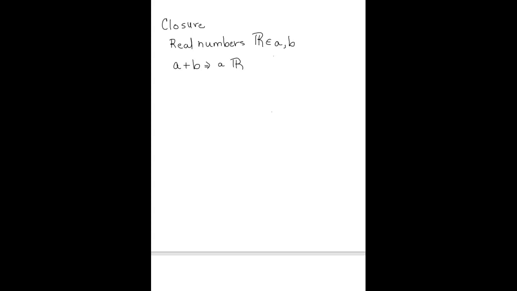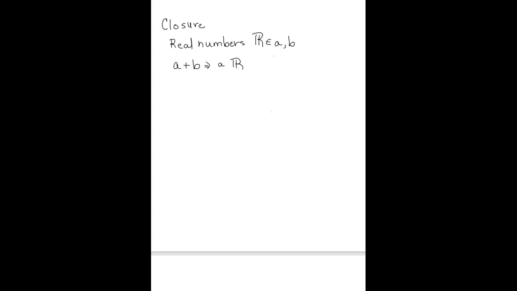So if you have two real numbers and you add them together, you're still going to have a real number. When you are thinking about real numbers, think about the number line. That is basically what all the real numbers are, the numbers on the number line. So that's for addition.